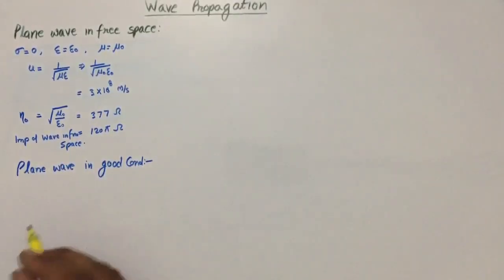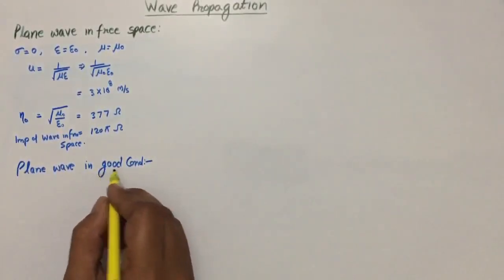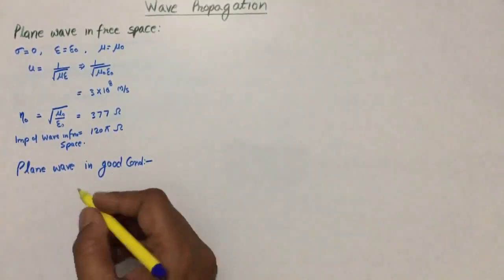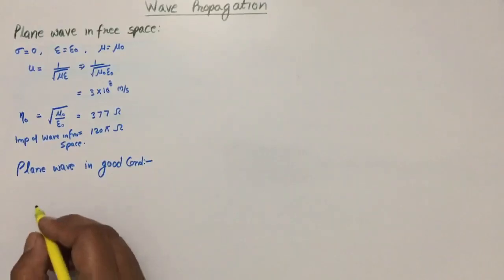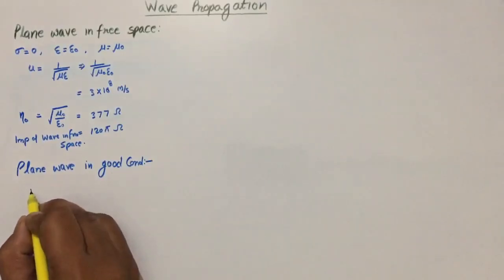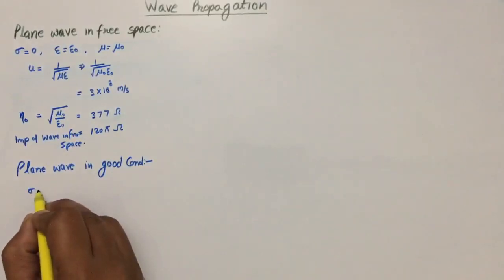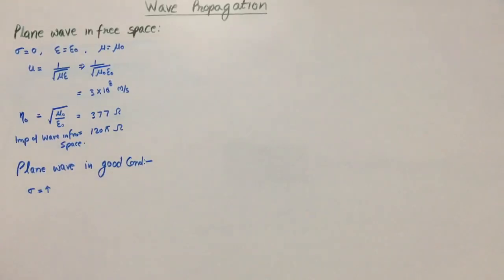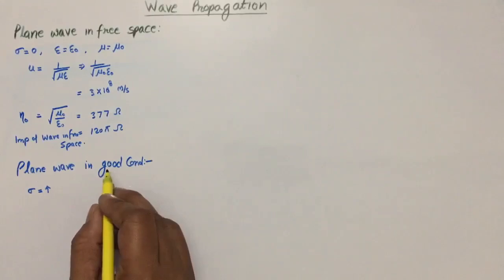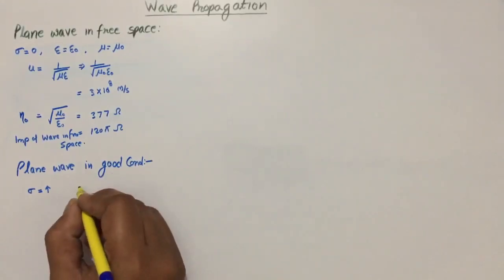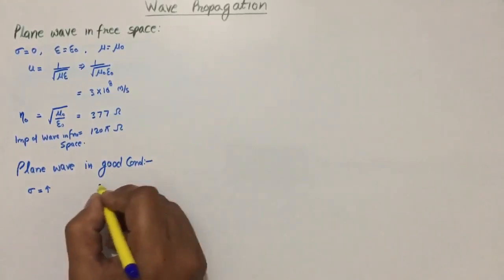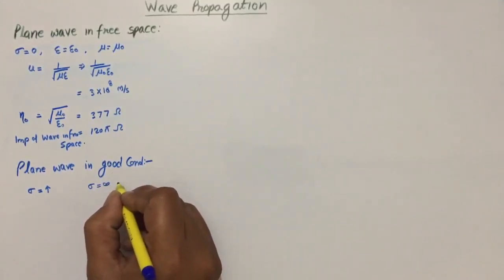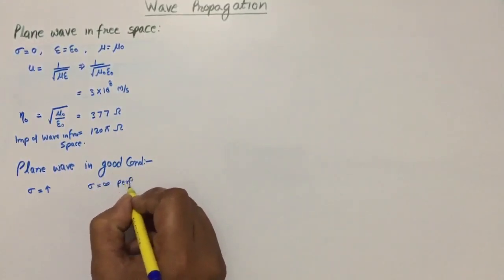In that case, if we are choosing a good conductor, then the conductivity of the material will be very high. So in that case, sigma will be very high. And if we consider a perfect conductor, then for a perfect conductor, sigma will be infinite.